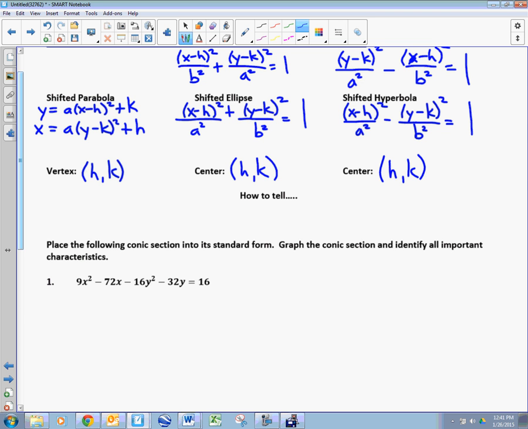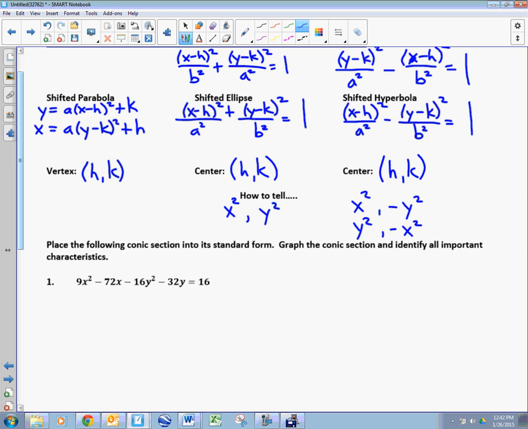So let's focus on these two really quick. The only difference between them is one is positive, one is negative, correct? So in this situation for an ellipse, you end up with an x squared and a y squared. However, in a hyperbola, you have an x squared and a negative y squared, or you have a y squared and a negative x squared.